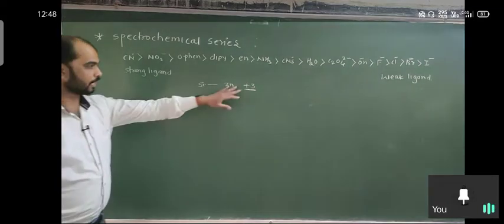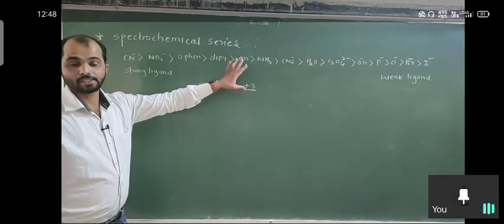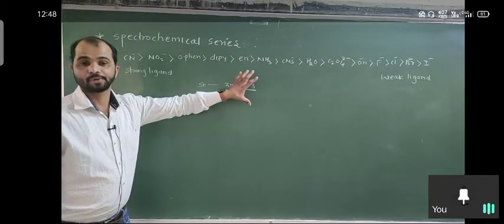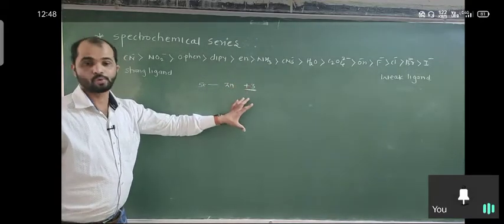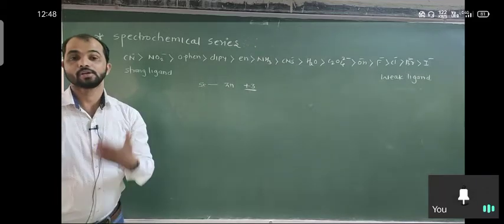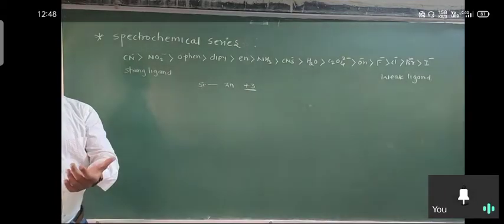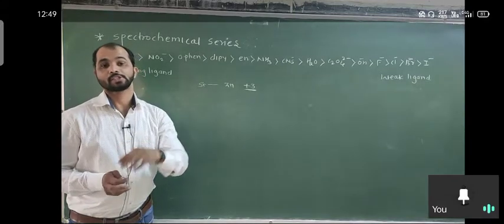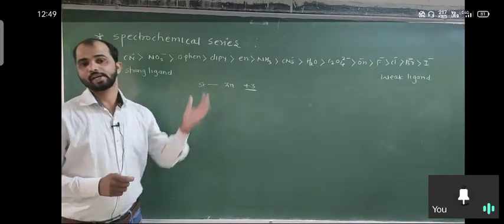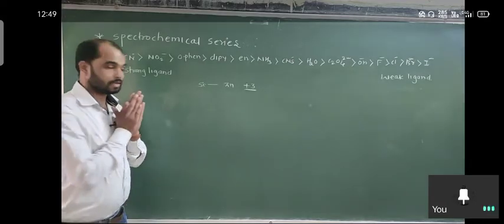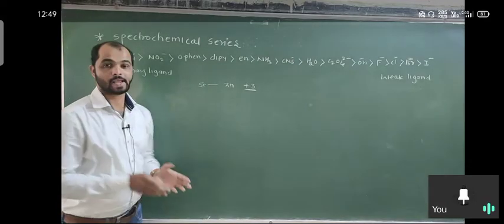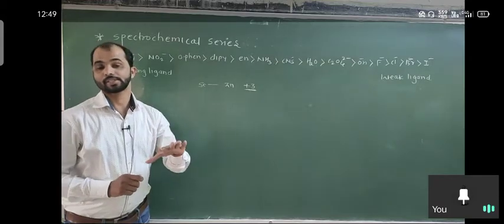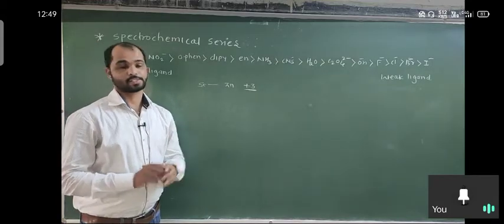So the series is applicable only to metal ions having the common oxidation state. But you know the metal shows unusual oxidation states, meaning apart from the common oxidation state, some metals have other oxidation states, because d block transition metals have more than one oxidation state, and among all oxidation states one is common.